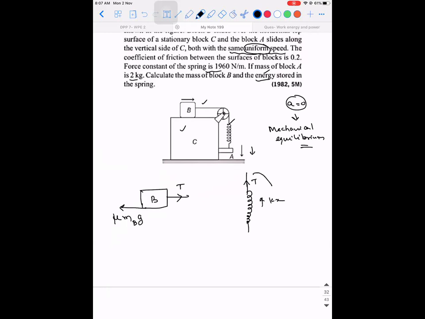So, can I say that this T is equal to Kx? I'm talking only about the spring. So actually the tension will act in the downward direction.